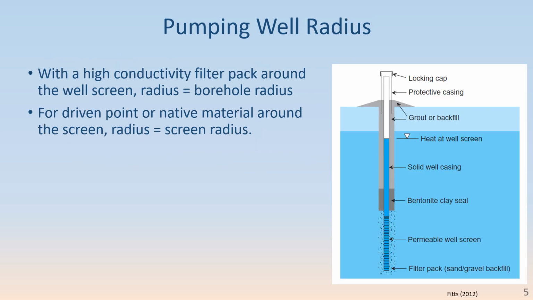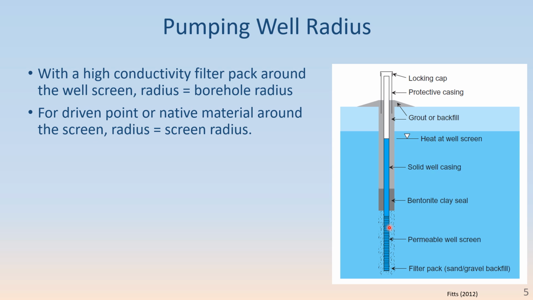The well radius is something that you input for a pumping well, and the assumption is that at the well radius, the head is equal to the head in the well bore itself. And that could be just the outside of the well screen, like where my cursor is right here, if you've basically installed a well and allowed the formation to collapse around the screen.